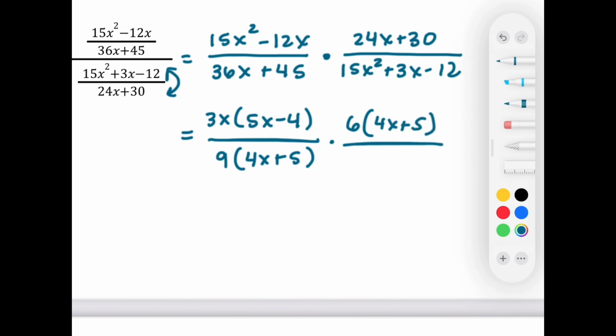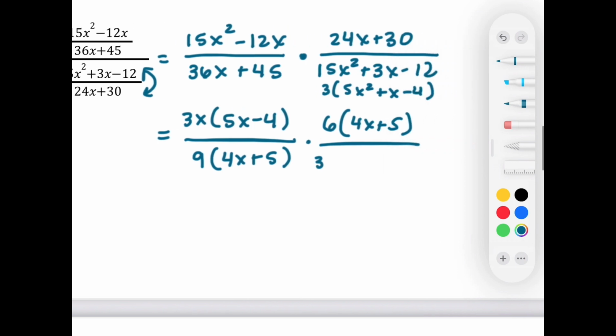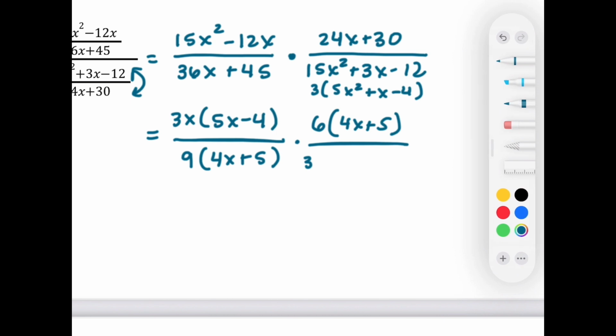And then on the bottom, figure out, so we have a GCF. So our GCF is 3, and we have 5x squared plus x minus 4. So go through the steps of factoring. You'll have to do factoring by grouping for that one because a is not 1. So I'm just going to skip all of that because that's part of our last video. So our answer would be 5x minus 4 times x plus 1.